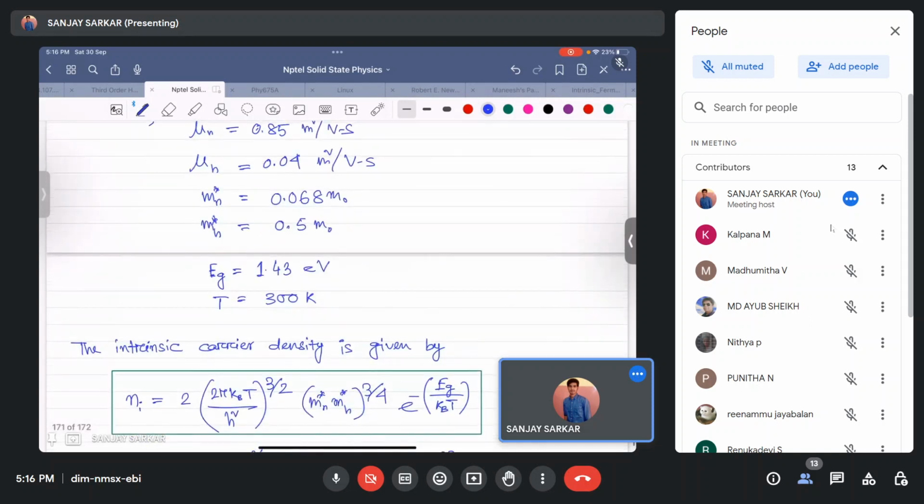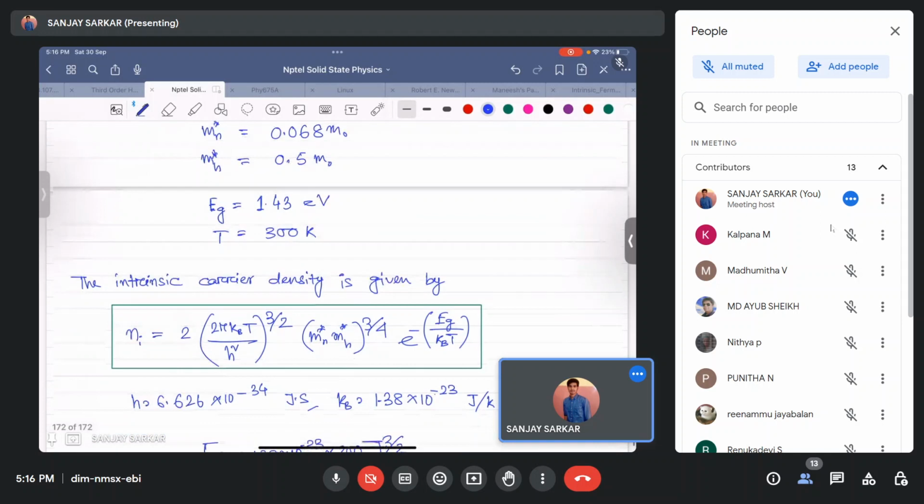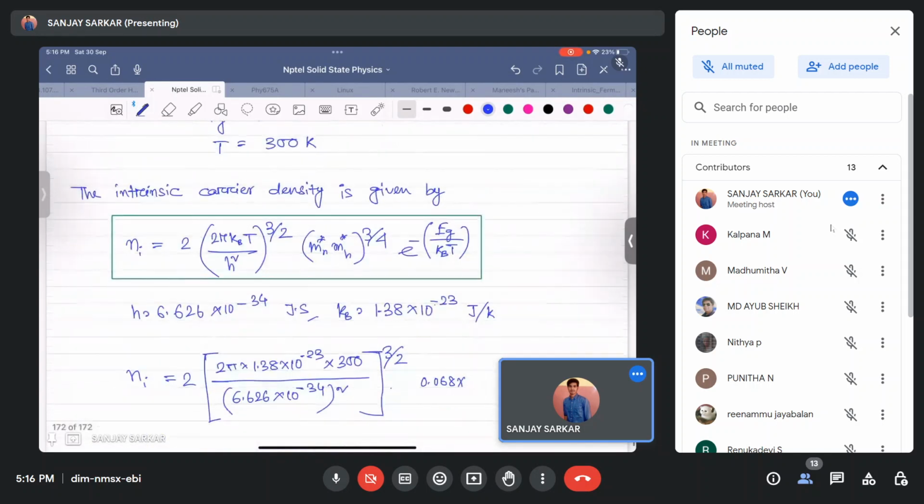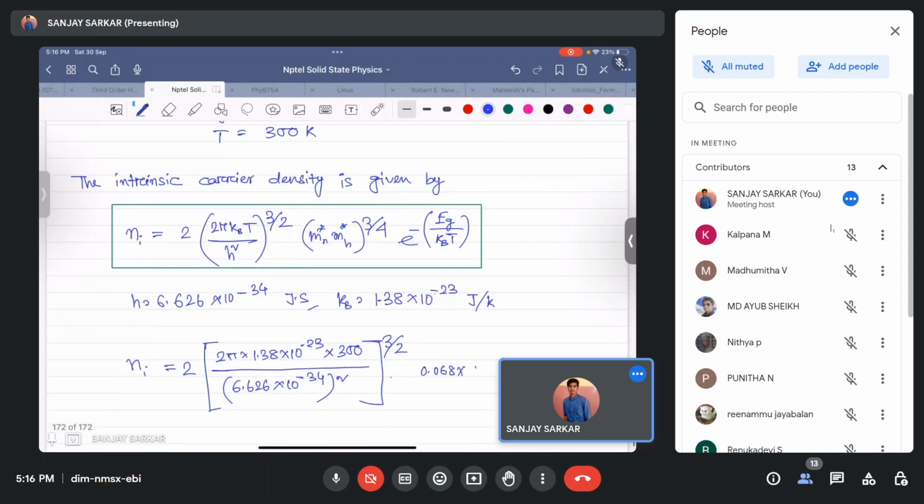So mn is 0.068 into mh star, mh is 0.5, into m naught square. So m naught is the mass of electron. We can multiply it later also, or you can multiply it here. So 9.1 into 10 to the power minus 31 kg, this m naught square, so this is square, into, to the power 3 by 4.